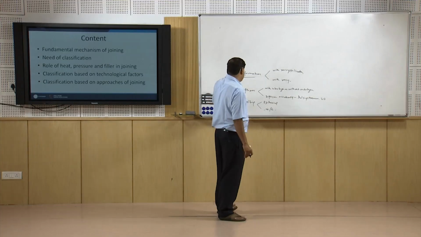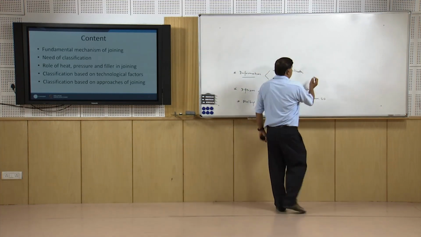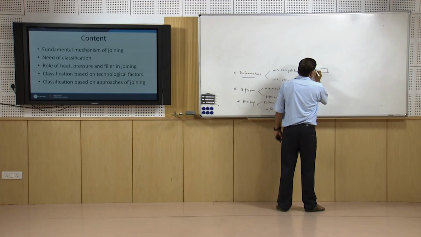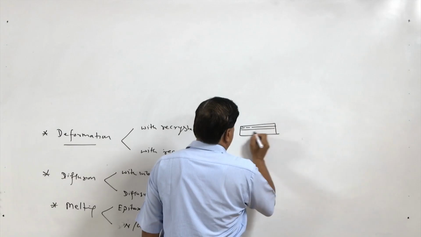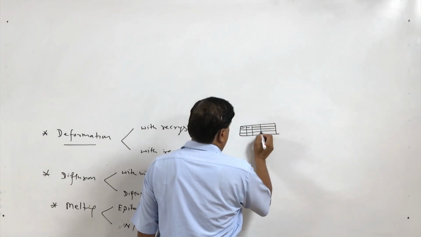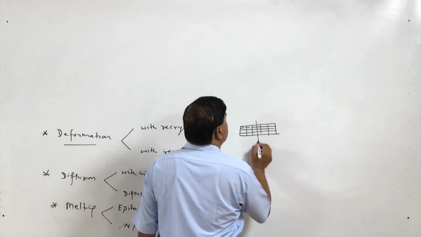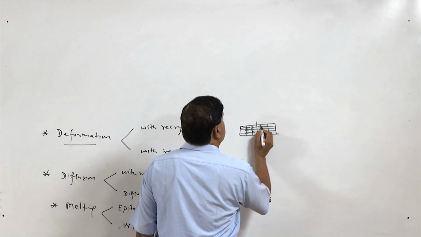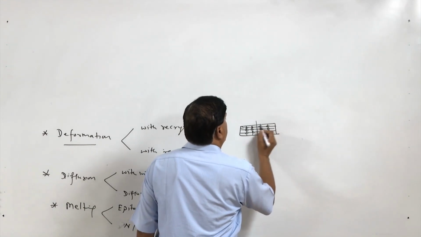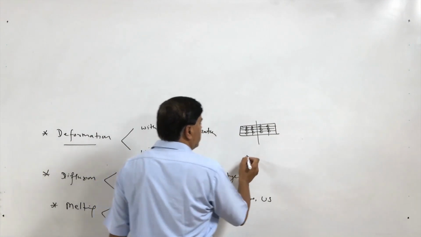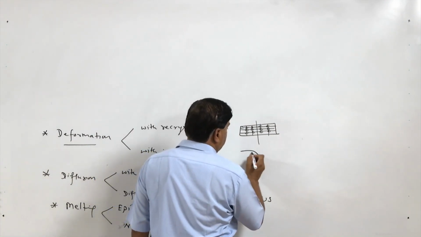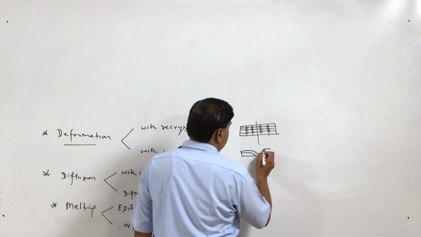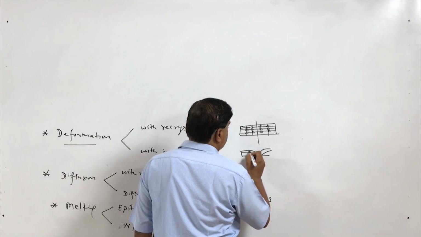Let us elaborate each of these one by one. Say the two components have regular arrangements of the atoms like this, and this is the interface. When the joint is made, you will see this arrangement of atoms is disturbed, where the continuity is achieved, but the arrangement of the atoms near the interface is disturbed.